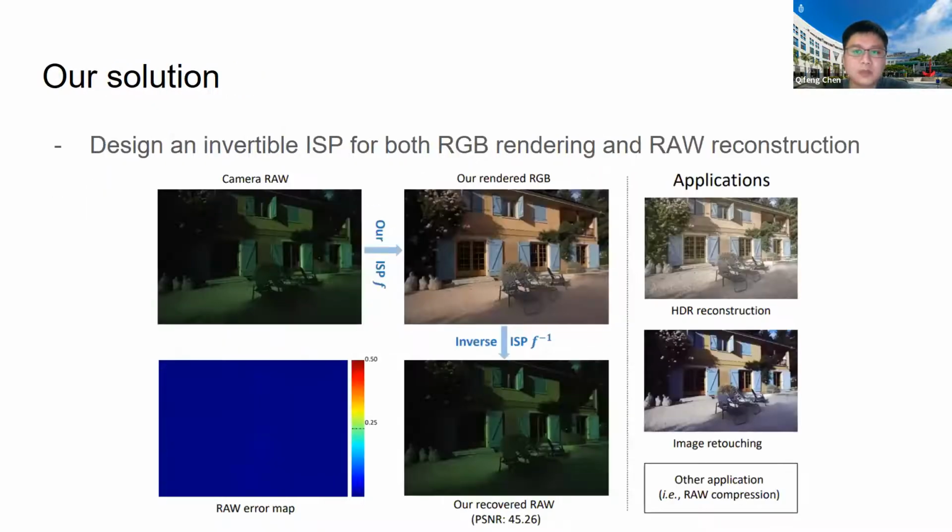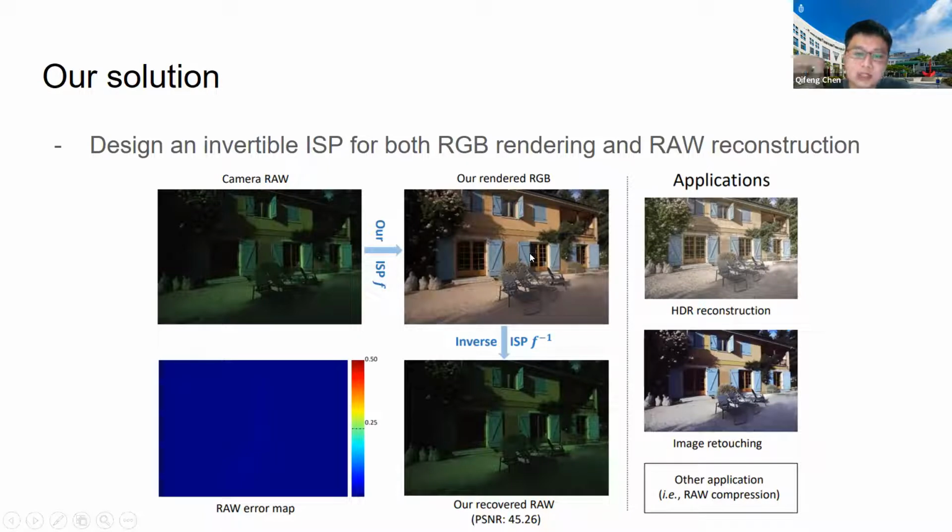So here comes our framework, and in principle it's quite a straightforward model where we have an invertible model F. That's basically an invertible neural network, and it converts the raw data to the corresponding RGB image.